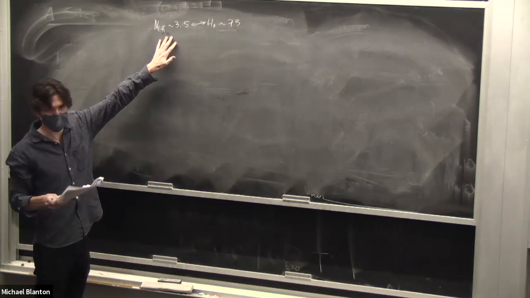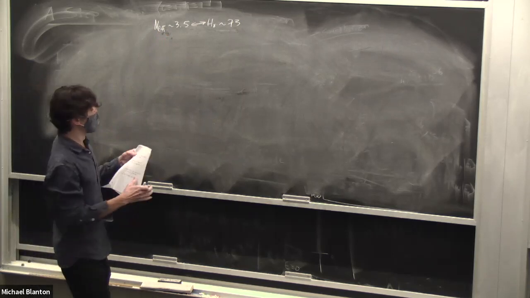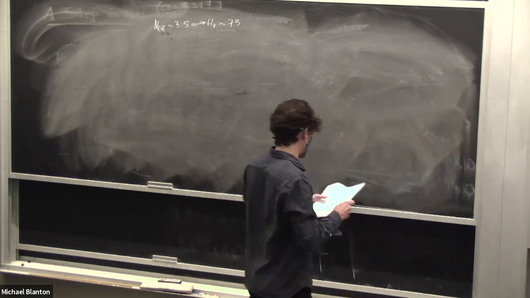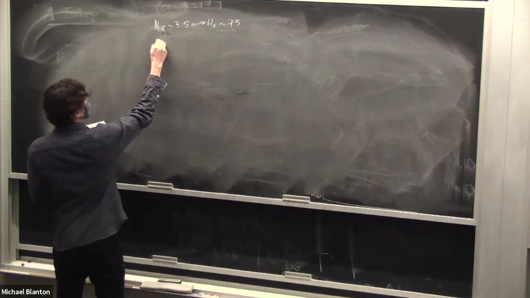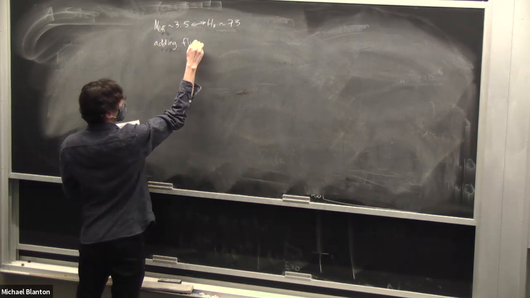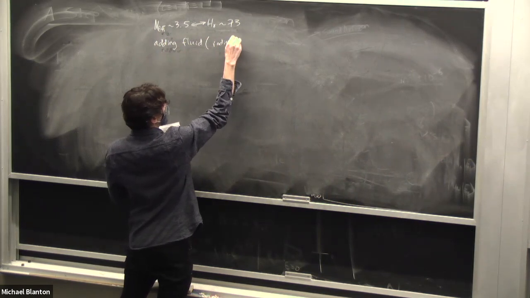It has nothing to do with the type of radiation that I'm adding per se. But we've seen that free streaming radiation has a bad effect on the CMB. So what people have tried is instead adding a fluid. By this I mean radiation itself.